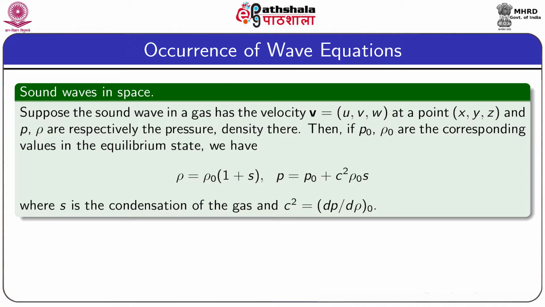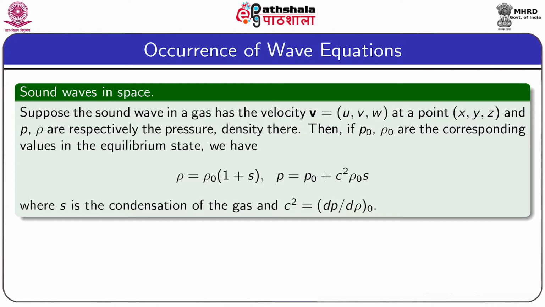Now, we are going to discuss sound waves in space. Suppose the sound wave in a gas has the velocity V, which has components u, v, w at a point x, y, z, and p, rho are the pressure and density respectively.